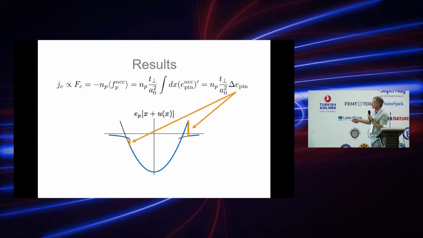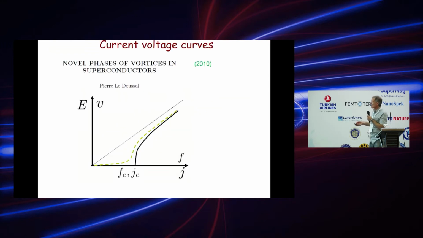If there were no jumps, the average would be zero, and as a result the pinning force is given by the sum of these jumps in the energy landscape. Now we can calculate the IV curve. So all that was old work of other people.